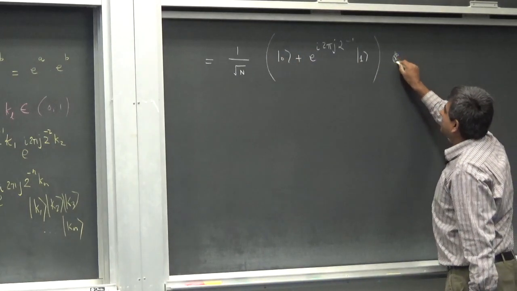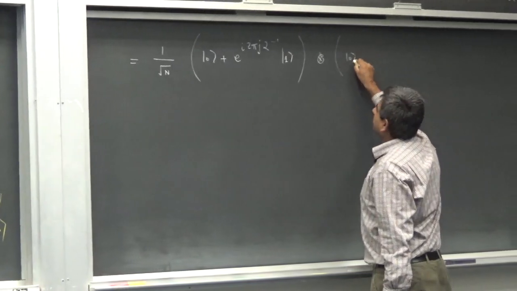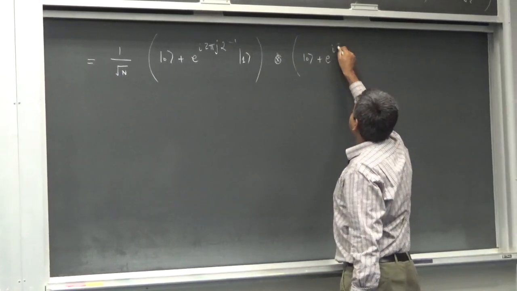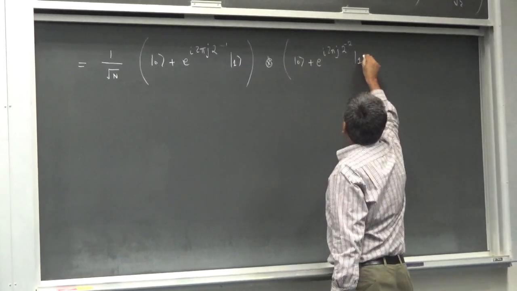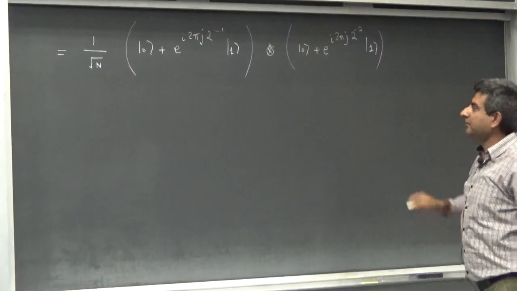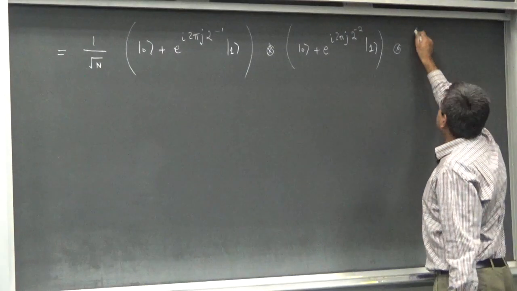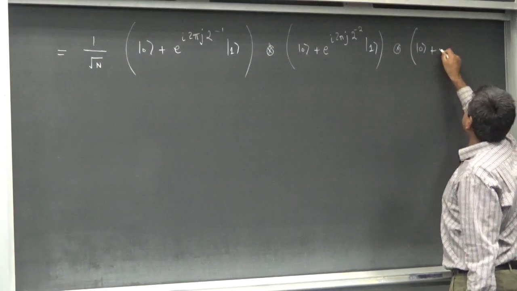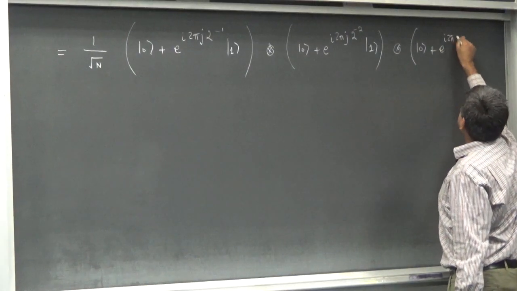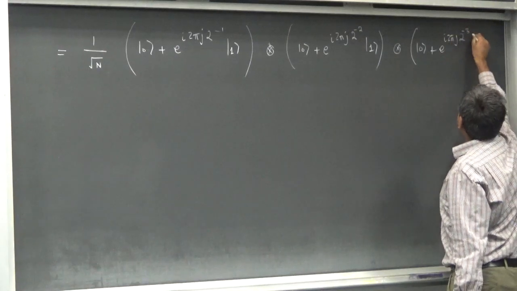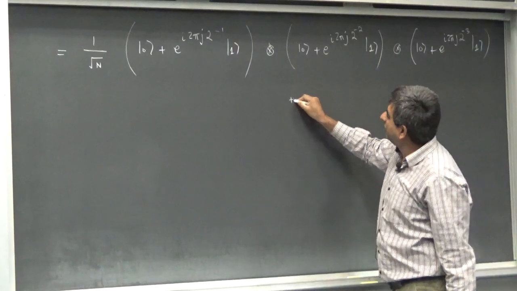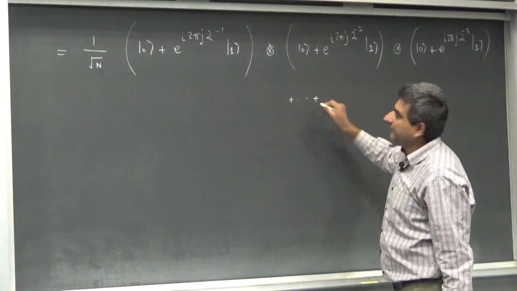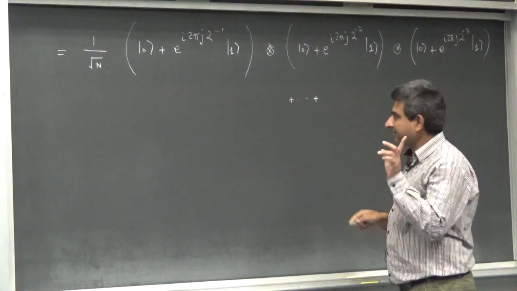Second qubit, what happens to the second qubit? Plus e^(i 2 pi j 2^(-2)) ket 1. Second qubit. Third qubit. And so on. All the way up to my nth qubit, the last qubit.